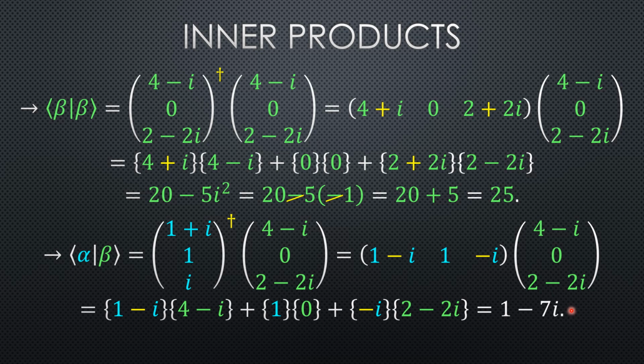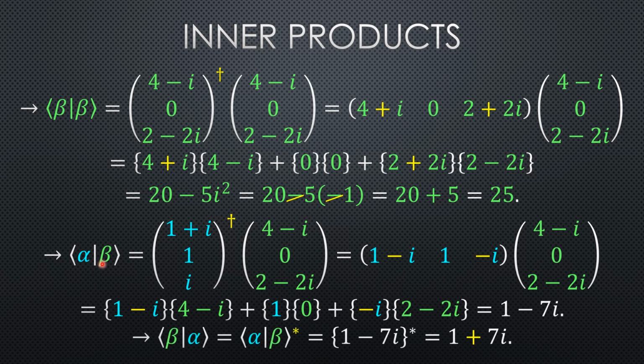Now, remember that we could switch the order of these two things by switching the conjugate. So we know that beta alpha is just equal to the conjugate of alpha beta. So since we already have this result, just take the conjugate of it and we're good to go. So that gives us 1 plus 7i. And then from here, we can use 8.28 and solve this equation out pretty well.